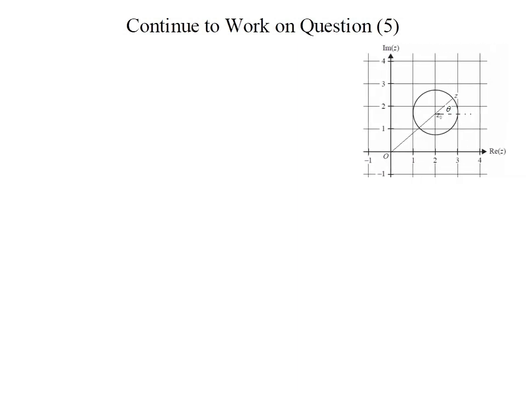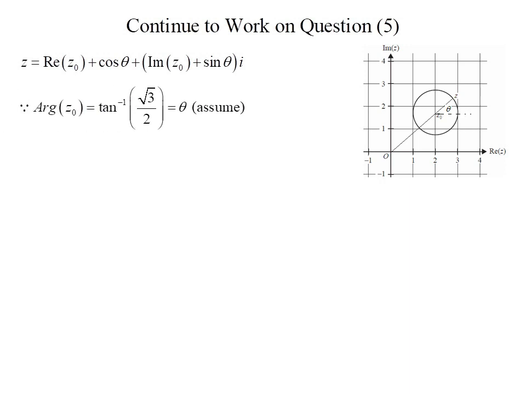Here we continue to work on question 5. Based on the diagram, we notice that the circle is a unit circle. The real component of complex number z can be written as z0 plus cosine theta, while the imaginary component of z is expressed as z0 plus sine theta.